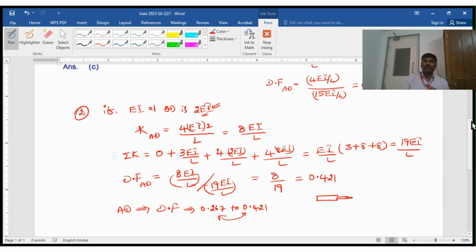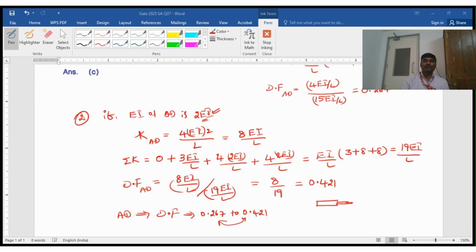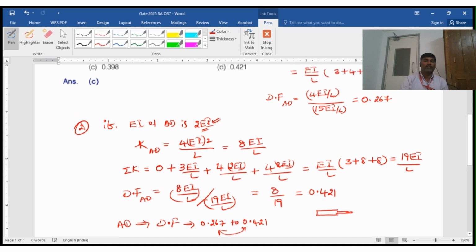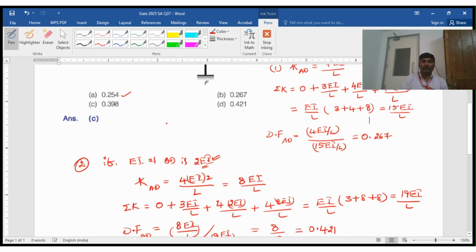Now if you can see what are the values given here. Option A is 0.254. The minimum itself, 0.267, is not the option, because if you want to have 0.267, the member AD shall have EI as flexural rigidity.